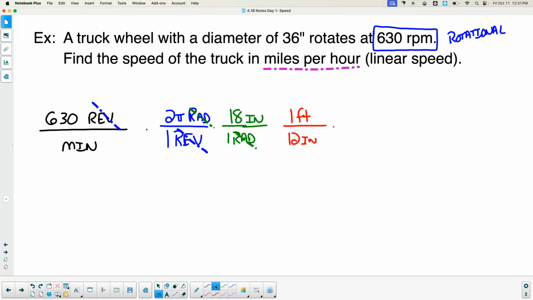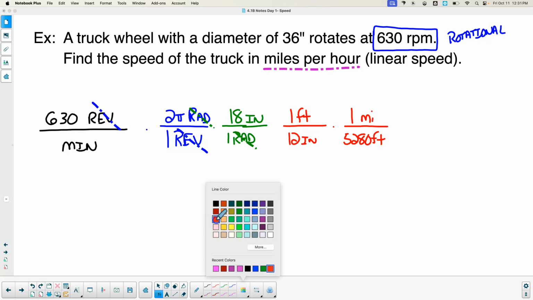Or how many feet are in 1 mile? 5,280. Yes. For those of you that didn't notice, on the back board, there is the stuff you should know board now. Great.